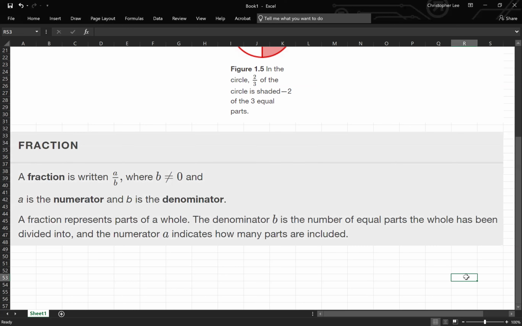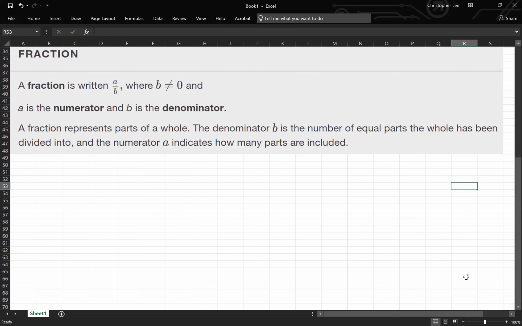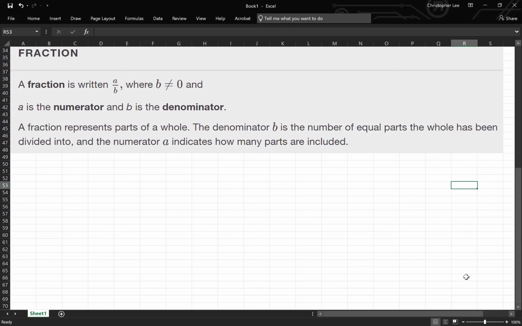All right, so a fraction is written as, for example, A over B, so some number over another number, where B cannot equal zero. It's illegal for us to divide by zero, so for a fraction, the denominator can never be zero. Just to throw some big vocabulary out at you, that's called undefined.